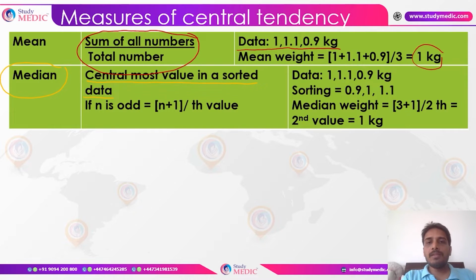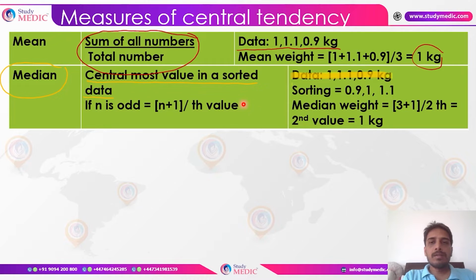If you take the weight data of the same sample, the weights of these children are 1 kg, 1.1 kg and 0.9 kg. You have to first sort this. You can see after sorting: 0.9, 1 and 1.1 in increasing order.